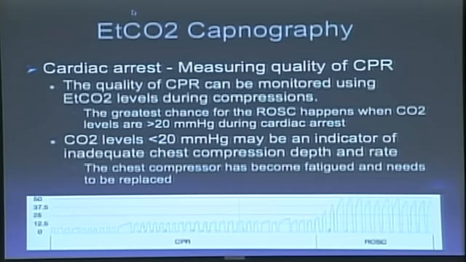When you get return of spontaneous circulation, that often shoots from 20, 24, 25, 26 up to normal CO2 levels, meaning you've got return of spontaneous circulation and adequate ventilation and perfusion of the lung. CO2 levels less than 20 could mean you're doing inadequate chest compressions, that your CPR could improve. So we're trying to get the level above 20 if possible.